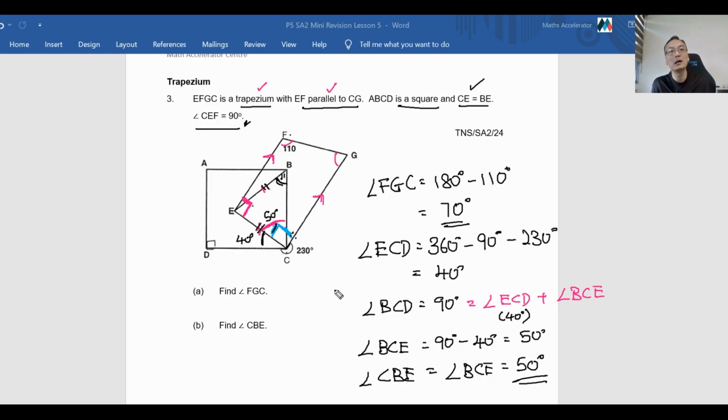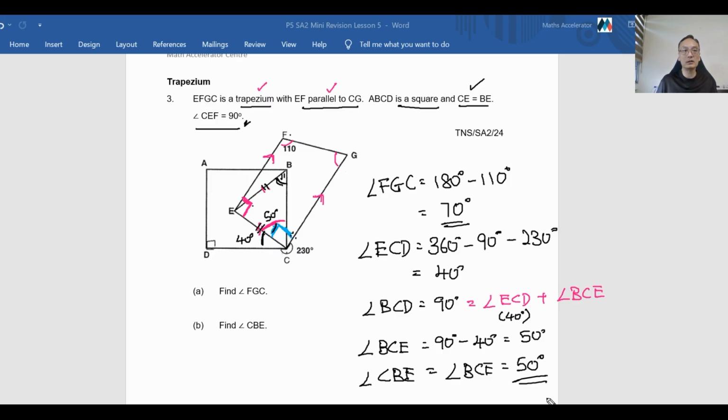After that, because of these two identical lines, we identified that these two angles are identical angles in a triangle. Since BCE is 50 and CBE equals BCE, we get 50 as well. That's how we use the property of trapezium to calculate the angles in question 3.